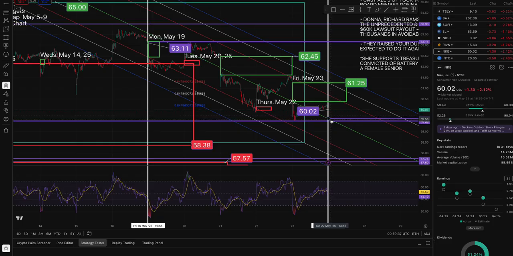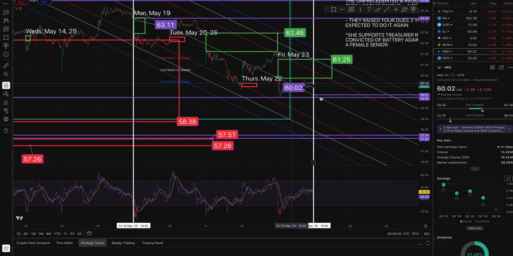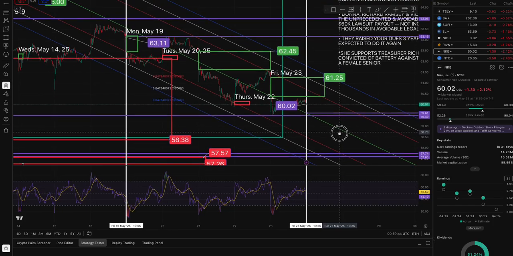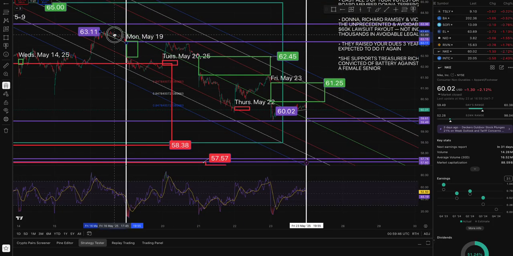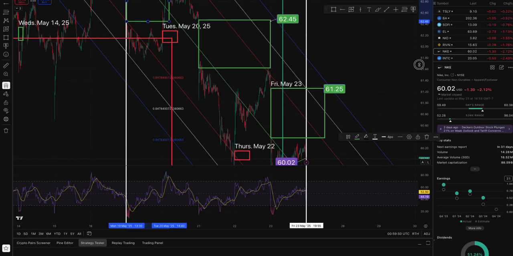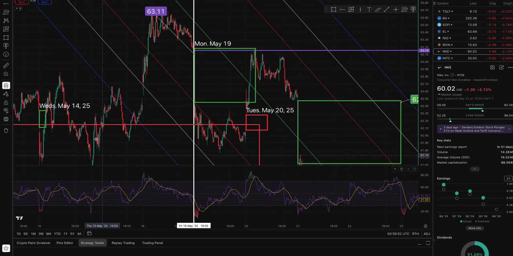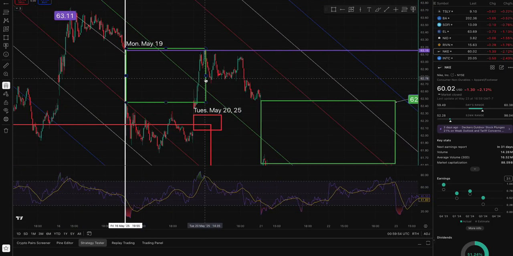See that drop down, downward channel, and still going down. And what happened here? Did it touch? Let me make this just a little bit bigger and see.